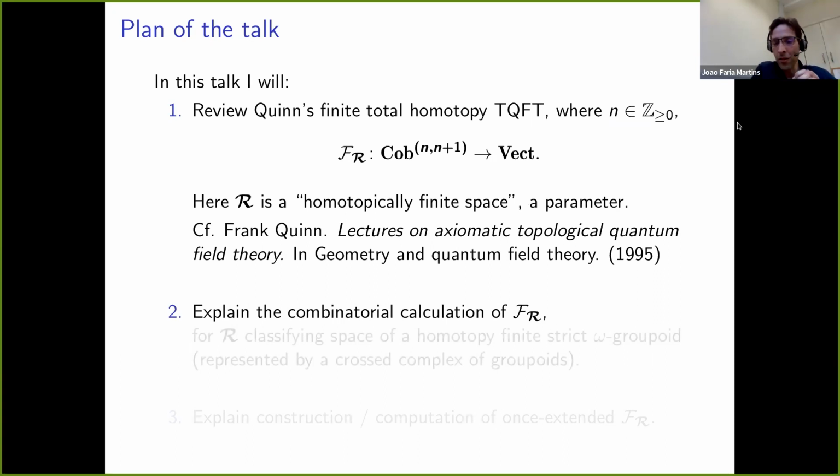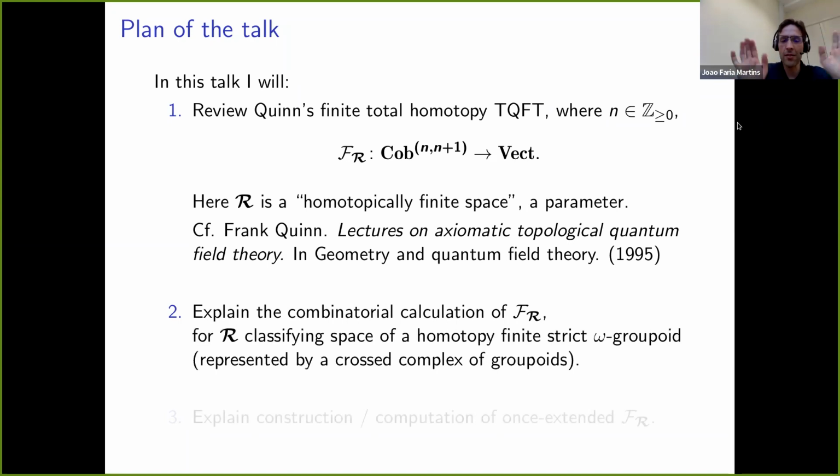After reviewing the Quinn finite total homotopy TQFT, I'll explain how I can combinatorially compute it. So why is it that this can be computed in finite time? And this is mainly for the case when this space R, which is my target space, is the classifying space of a homotopy finite strict omega-groupoid.